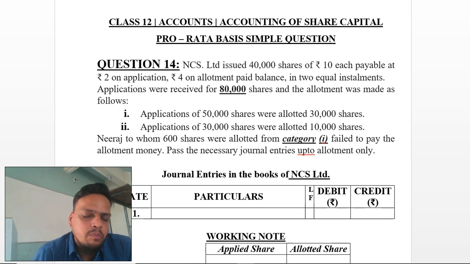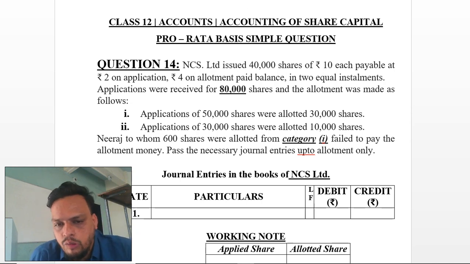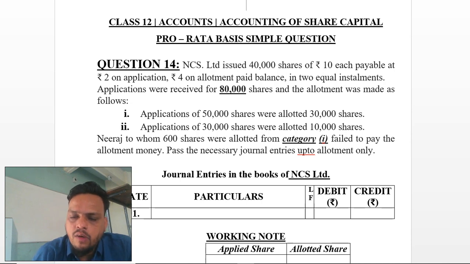We will first make a note on this, then we will go with the Neeraj concept, and then we will enter journal entries. Let's go with the further question. Neeraj, to whom 600 shares were allotted from category 1, failed to pay the allotment money. Pass the necessary journal entries up to the allotment only.